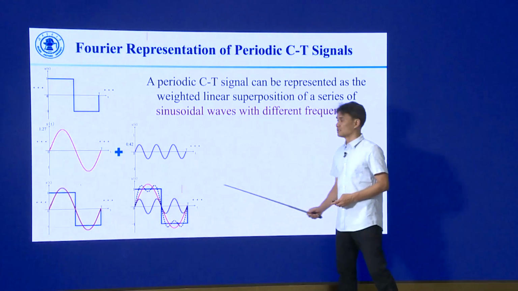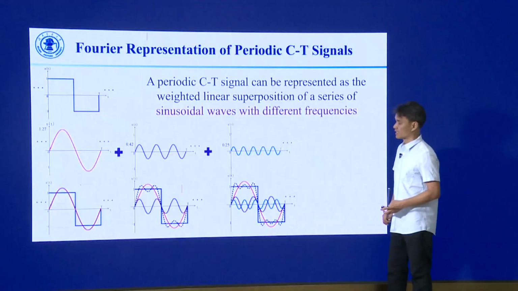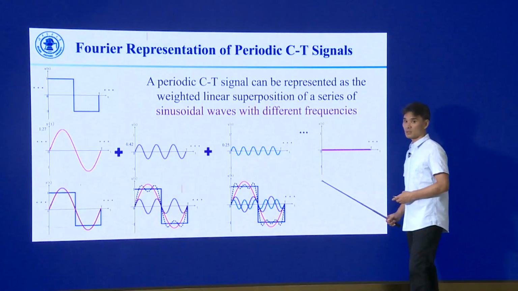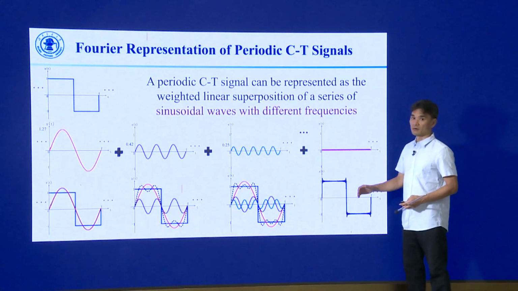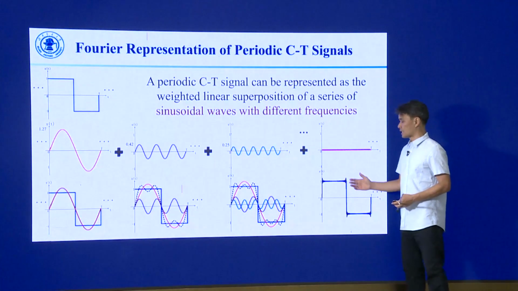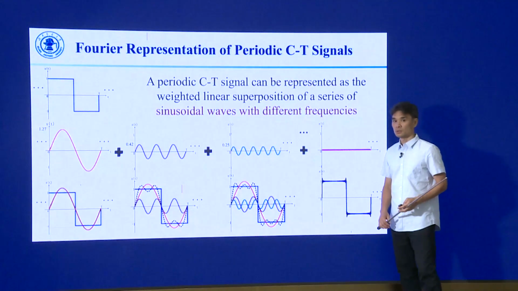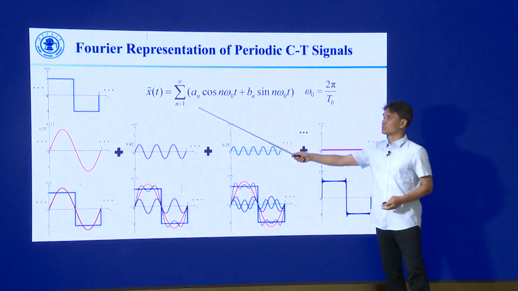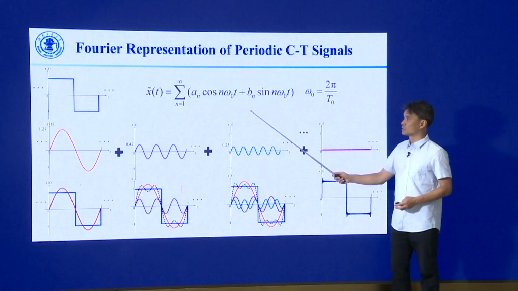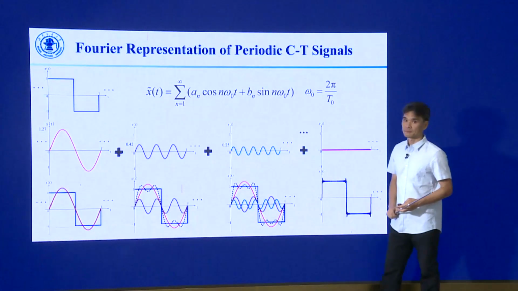If I allow you to use more sinusoidal signals, we can keep doing this, and in the end, the summation of these sinusoidal signals can approximate the original signal very well. So mathematically, we can use this summation of sinusoidal signals to represent the original periodic signal.